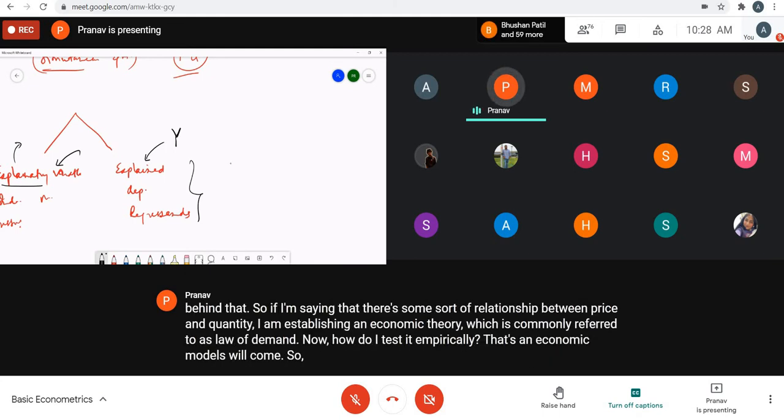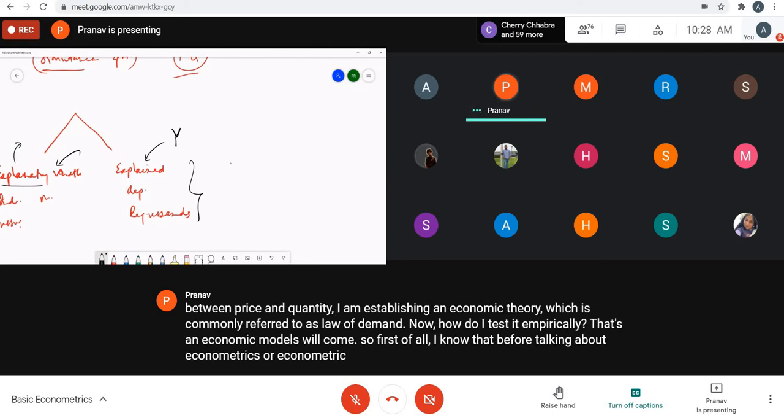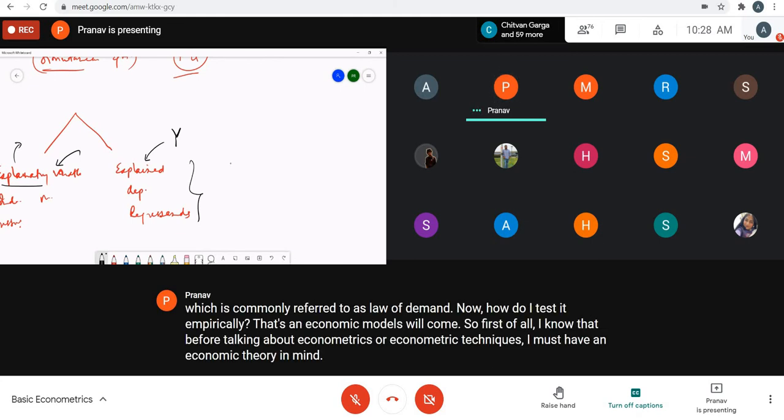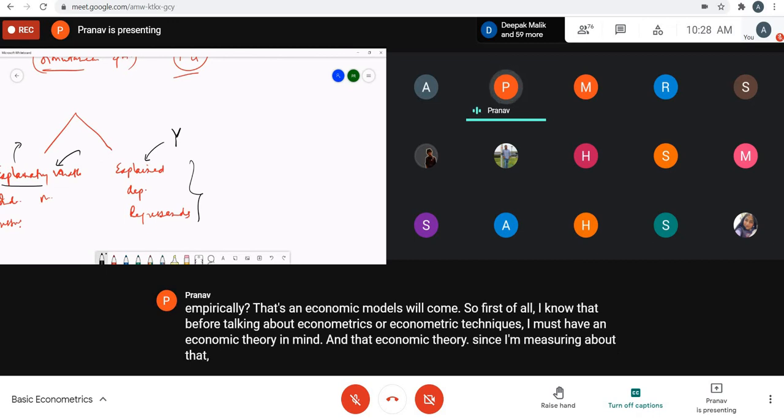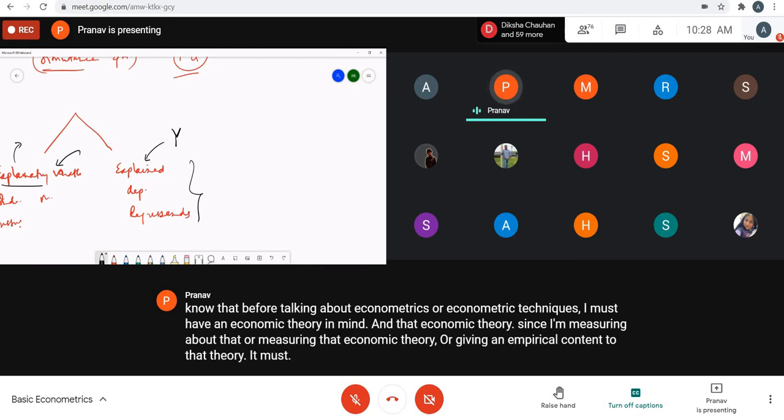So first of all, I know that before talking about econometrics or econometric techniques, I must have an economic theory in mind. And since I'm measuring that economic theory or giving an empirical content to that theory, it must contain an error.